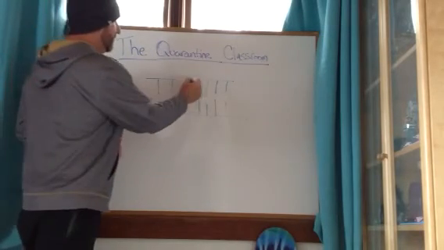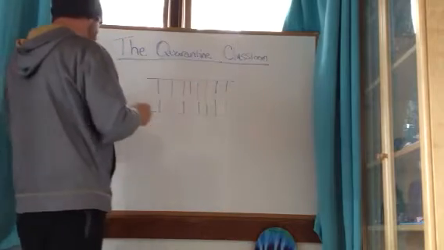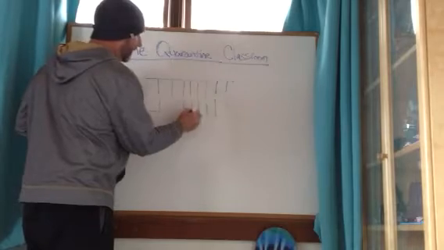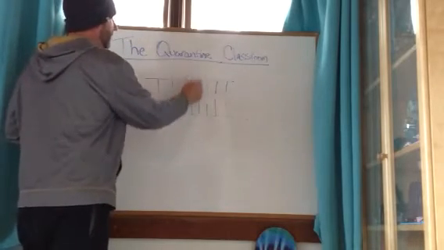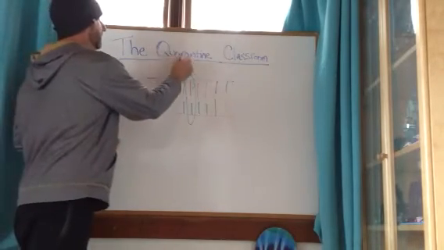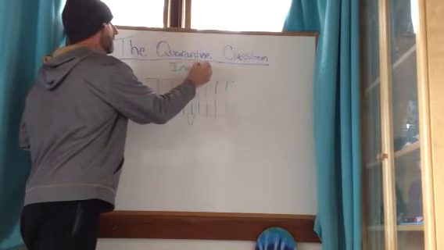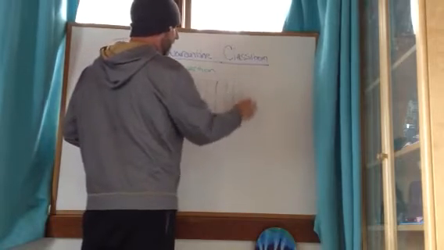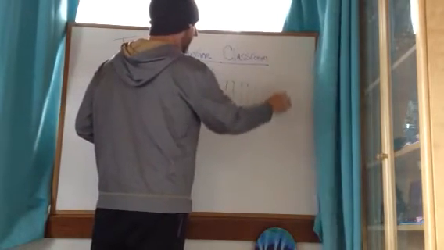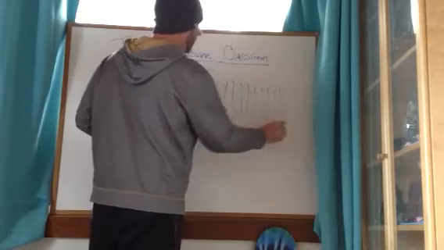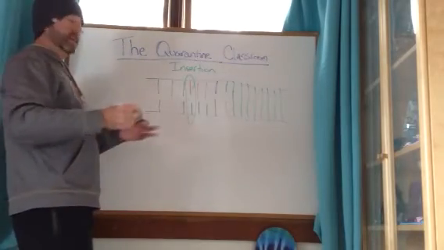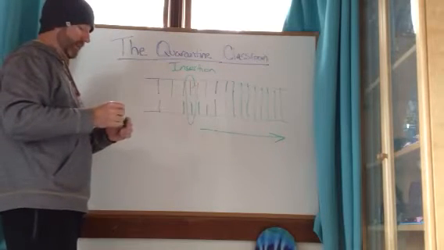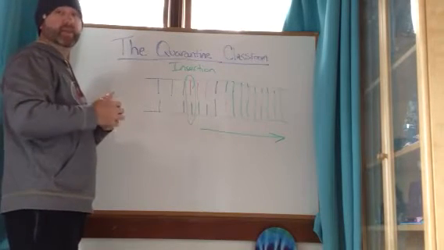We stick in another nucleotide pair. It gets inserted into the DNA. And again, all of these nucleotide pairs after this here, all of those nucleotide pairs get moved backwards in order. Okay? And protein production gets messed up again.